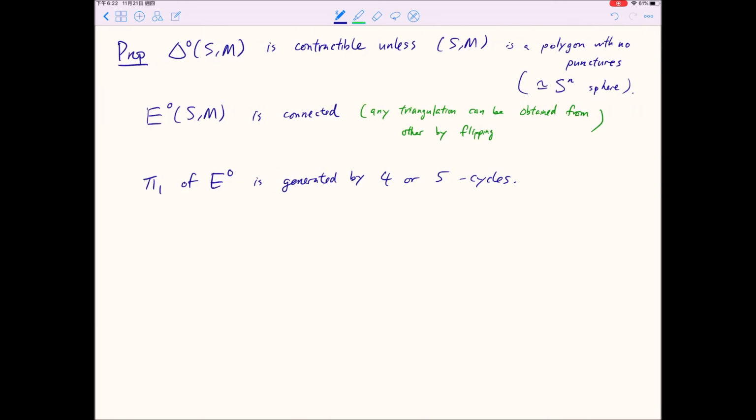But just like the Grassmannian case that we discussed before, there's always a canonical good choice of such a triangulation. So the claim is that for every bordered surface, you can always find a triangulation with no self-folded triangle.